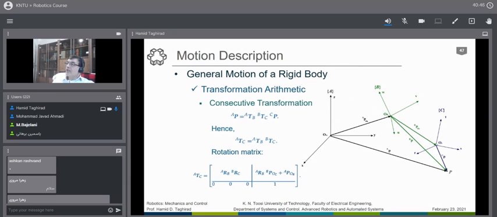So this goes through T of C with respect to B, and from B to A. In shorthand notation, as you see, P with respect to C can be transformed by eliminating C, eliminating B, and getting to A. So we can have P with respect to A by 2 transformation multiplications, as we discussed with Euler angles as well.